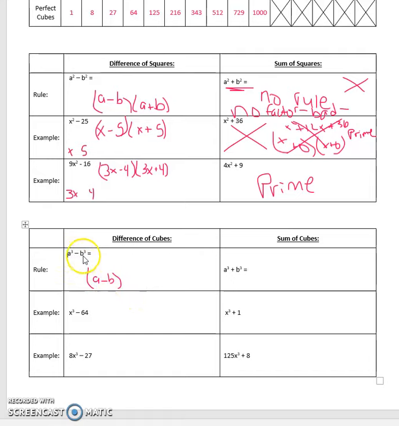We are base A minus base B. Now we multiply it by A squared plus AB plus B squared. So this second sign is always going to be positive.